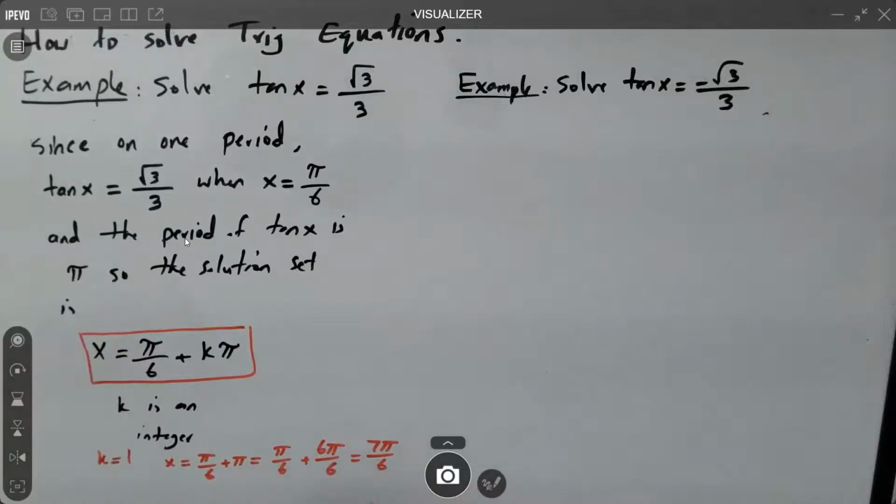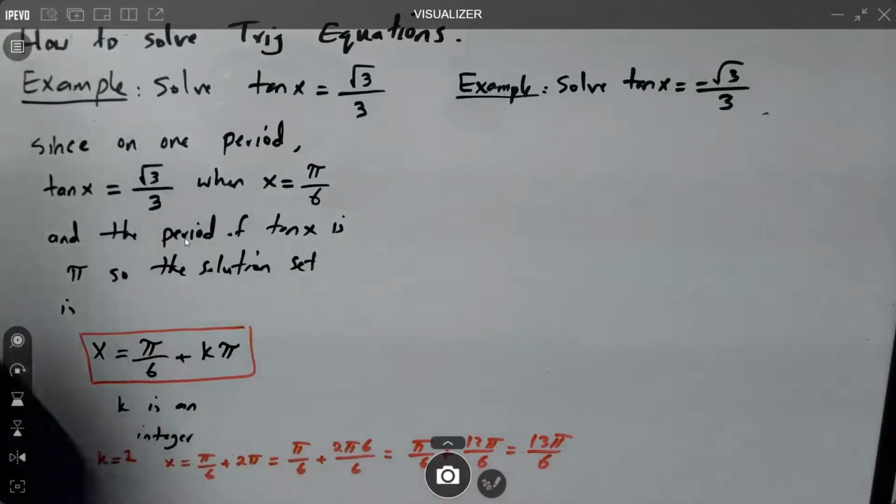You can continue this process. If k is equal to 2, you get pi over 6 plus 2 times pi, because k is 2. What do you get? You get pi over 6 plus 2 pi times 6 divided by 6, pi over 6 plus 12 pi over 6, which is 13 pi over 6.